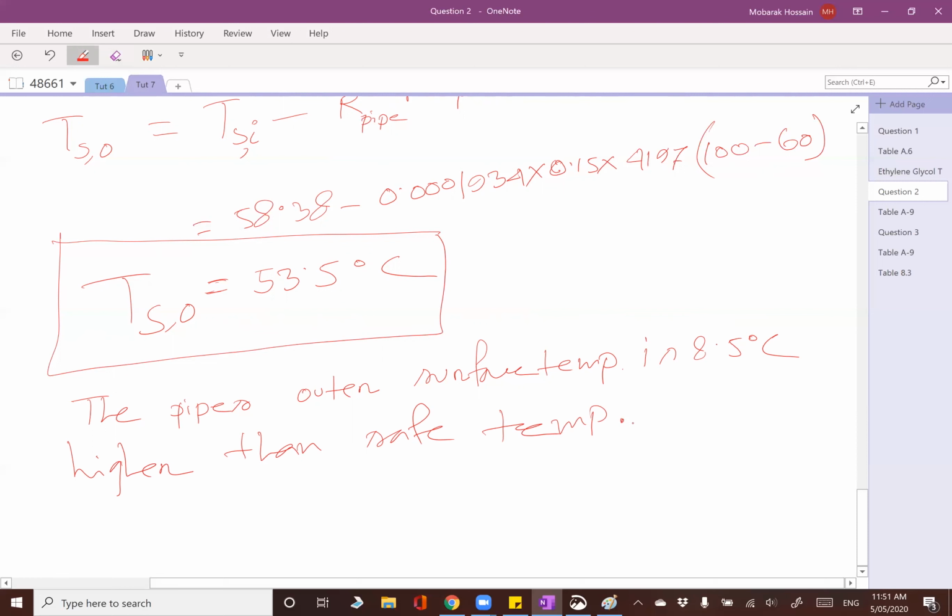Okay, so there is a risk of thermal burn.